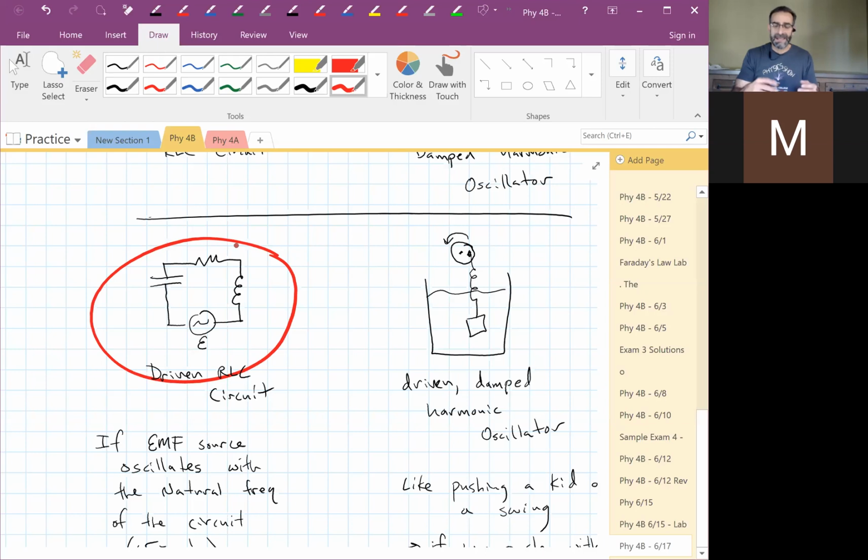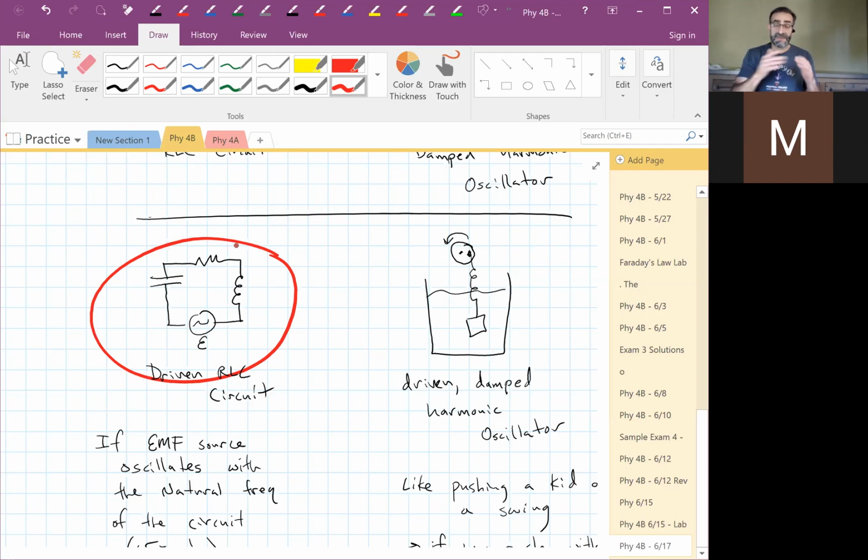And that's why at any instant in time, we know that if we add up the voltage on the capacitor, the voltage on the resistor, and the voltage on the inductor, it has to equal the voltage that the power supply is putting out, at any instant in time. But they hit their maximums at different times. So if we added up the maximum values, we'd get more than the power supply is putting out.